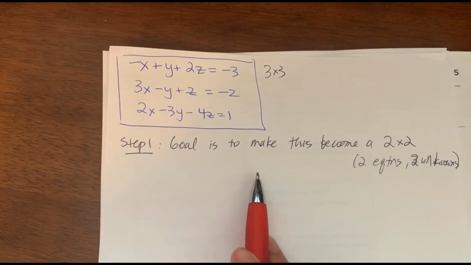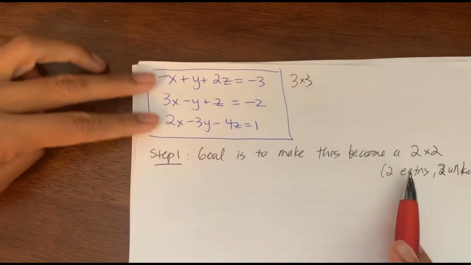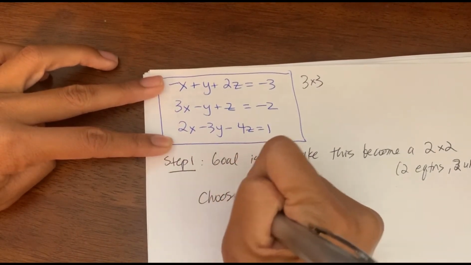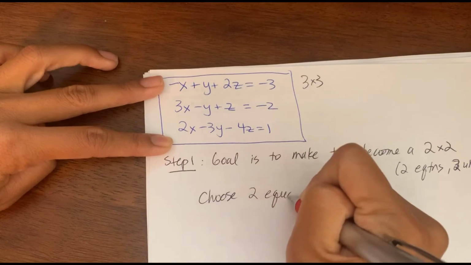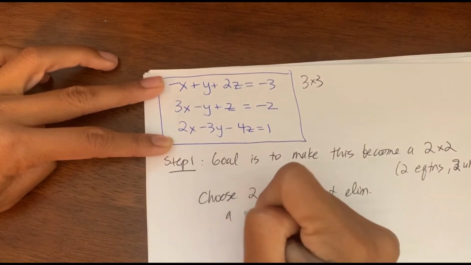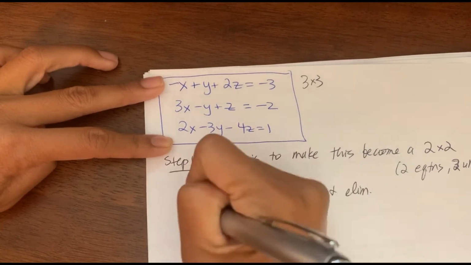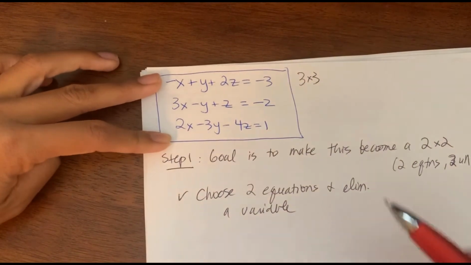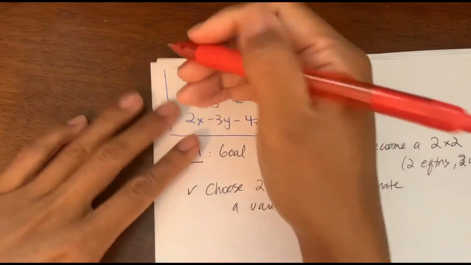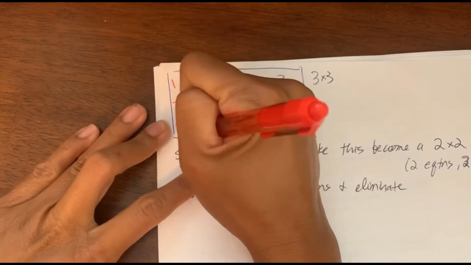So what you're going to do to get to this goal is look at the 3 equations, choose any 2 equations, and eliminate 1 variable from them. So here's equation 1, equation 2, and equation 3.